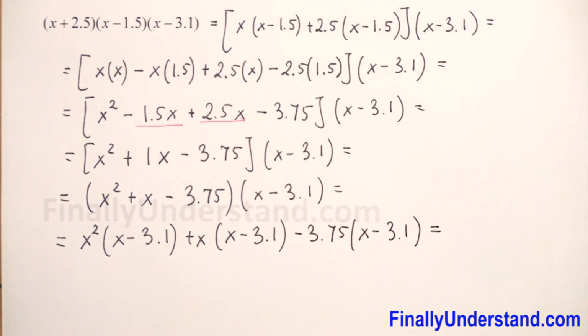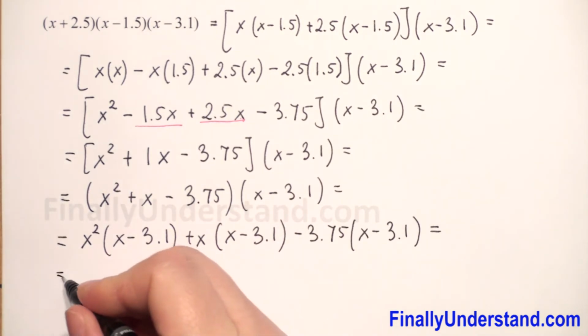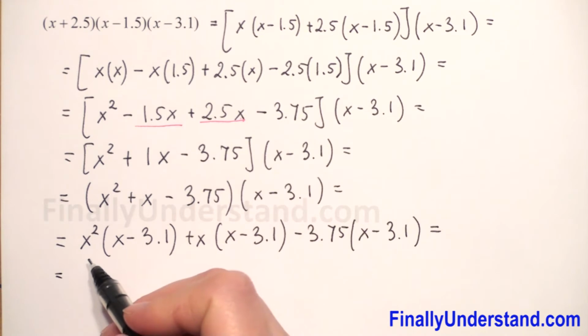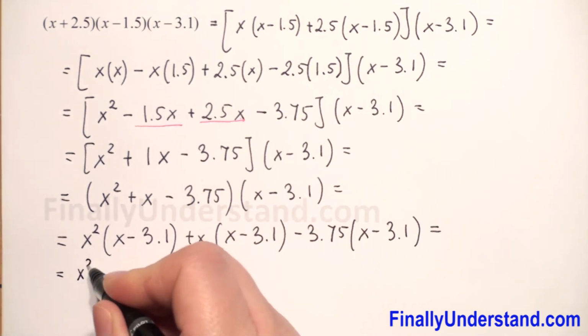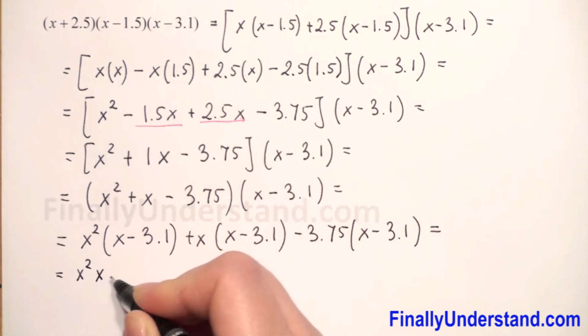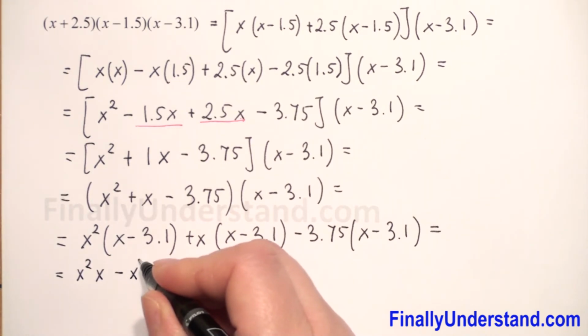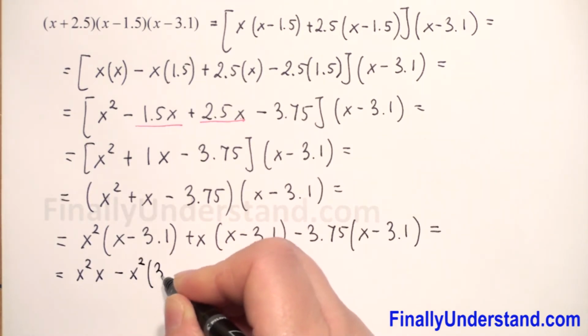This is equal. So now we use the distributive law of multiplication. We have x squared times x. Next we have positive times negative, so it will be negative x squared times 3.1.